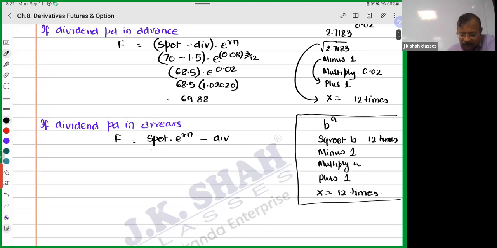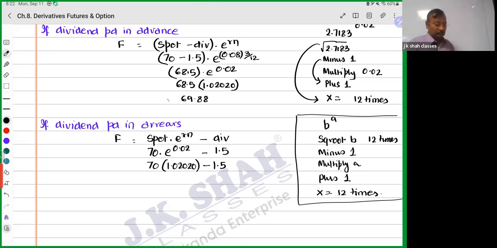So spot is 70 into e raised to 0.02 minus 1.5. So 70 into 1.02020 minus 1.5. Okay, 69.9.